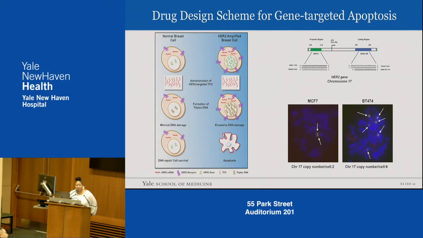For the MCF7 cells that only have 2 copies of chromosome 17, we can only see 2 binding events, while in the BT474 cells, which have multiple copies of the chromosome 17 site, you can see we have multiple binding events with our targeted TFO. This shows that we do have sequence-specific binding of our oligonucleotide to our gene of interest.